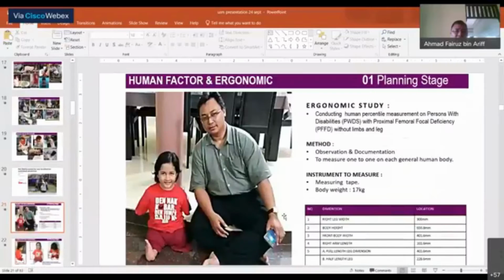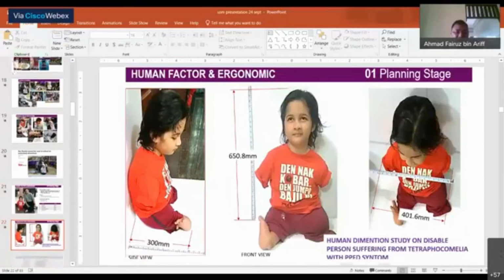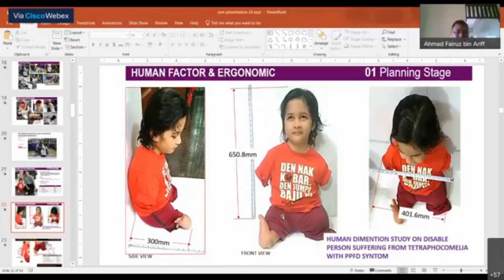Okay, and based on this, as the first step, the most important thing is to get the dimensions. So an ergonomic study. Once we get the dimensions, we will give the approximate size to the bucket arm shell for the seat.